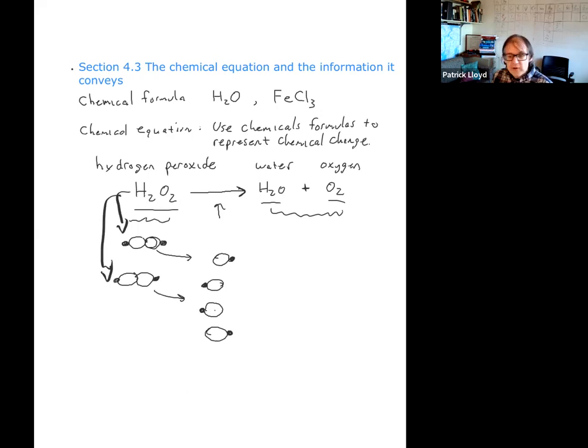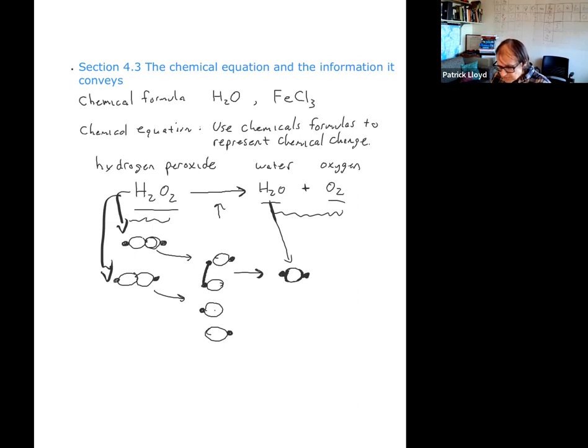Now those OHs will rearrange as well. What will happen is one of these hydrogens will pop off of here and go on to that oxygen. And when that happens, it's like a second reaction, right? Now we have a hydrogen, an oxygen, and another hydrogen, and that's water. Okay, so that hydrogen pops off and onto the other oxygen.